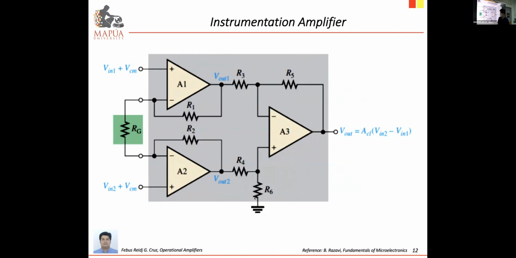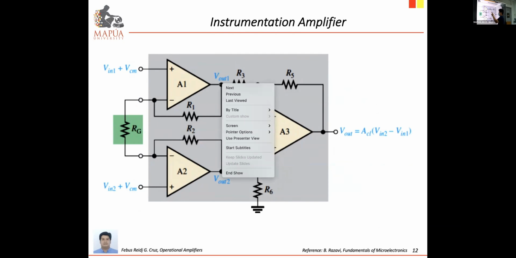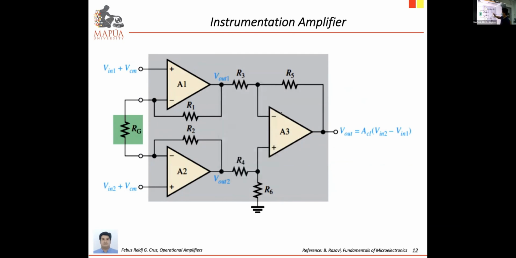So the succeeding stages will not appear as load to the previous amplifier, since this is equivalent to the open circuit. So the approach is to analyze the op-amp circuits individually.